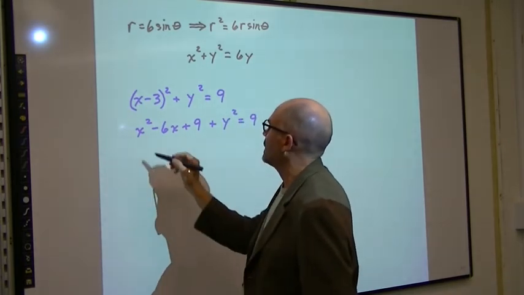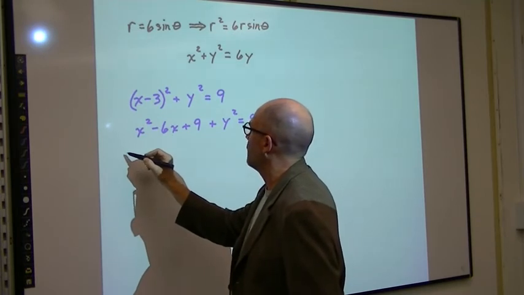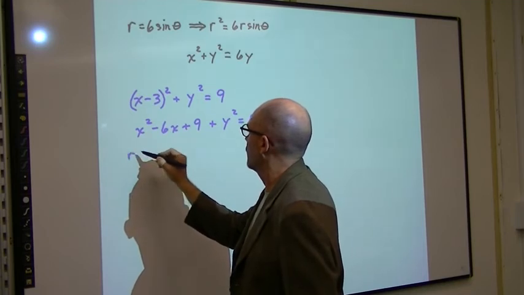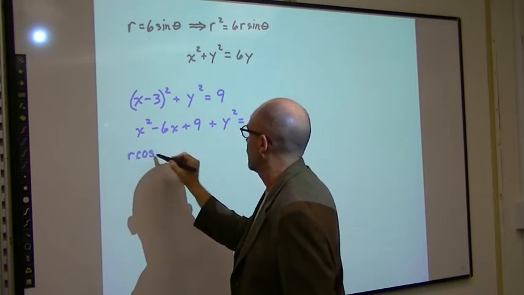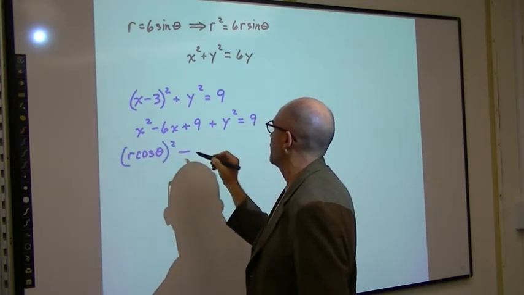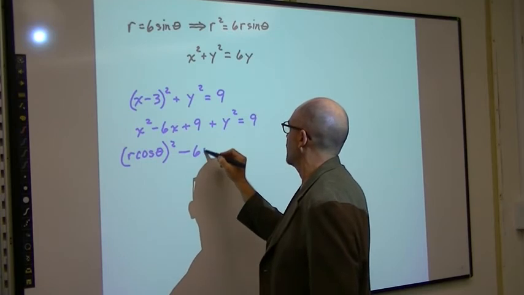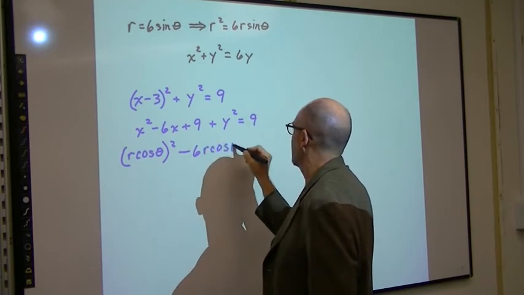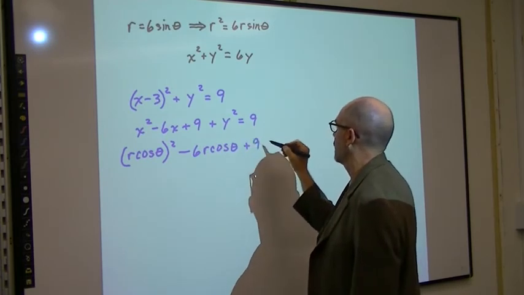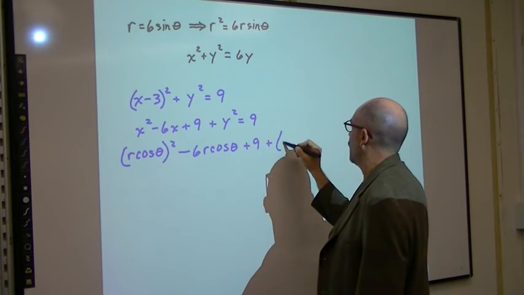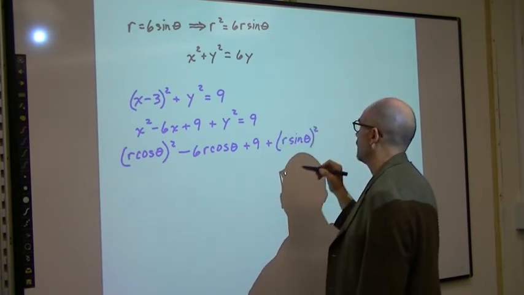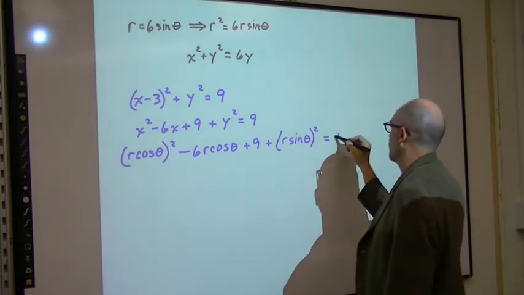Okay, so x squared is r squared cosine squared theta, minus 6 times r cosine theta, plus 9, plus r sine theta squared, equals 9.